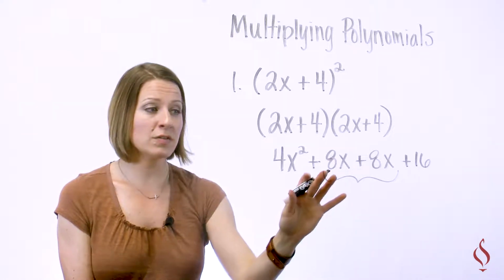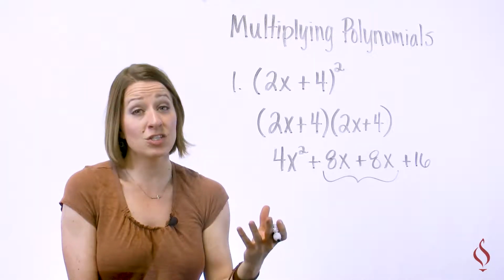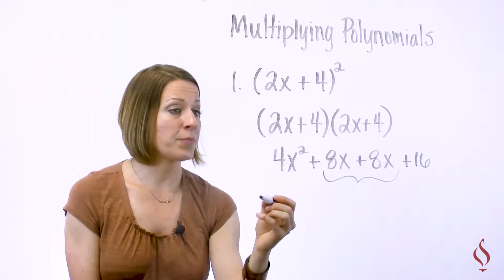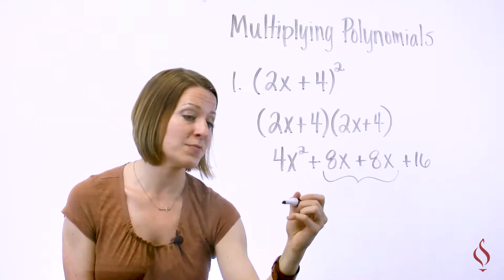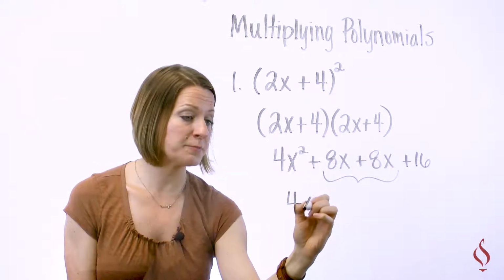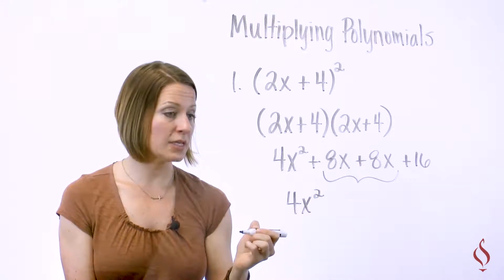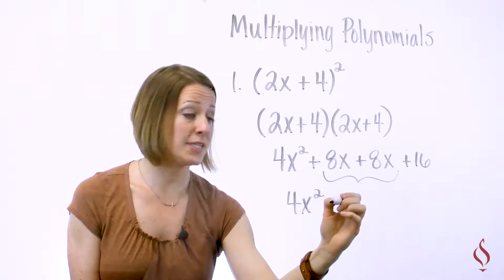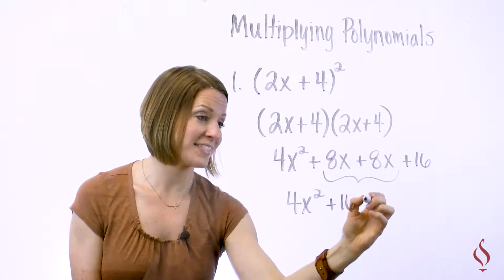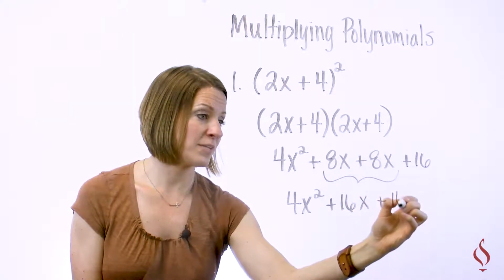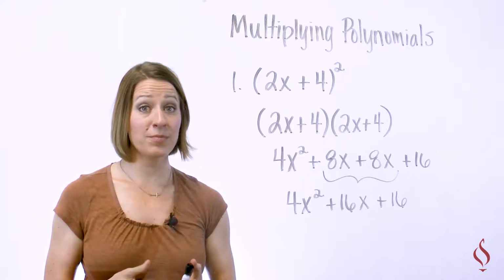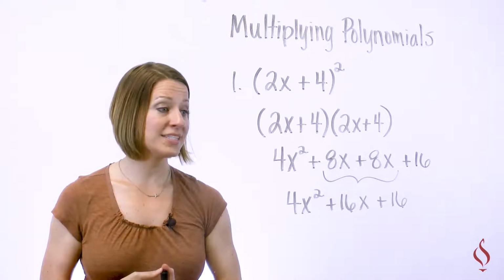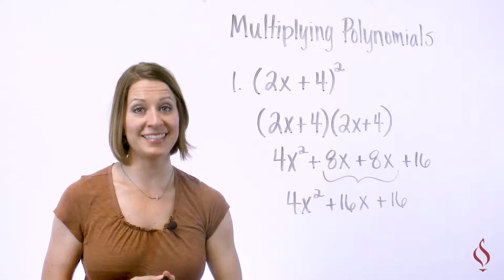It doesn't matter that the coefficients are the same, that's just coincidence. Descending order means we're going to take the highest exponent and count down. So 4x squared is our highest. 8x plus 8x is 16x. And then plus 16. Okay, so your answer for this problem is 4x squared plus 16x plus 16.